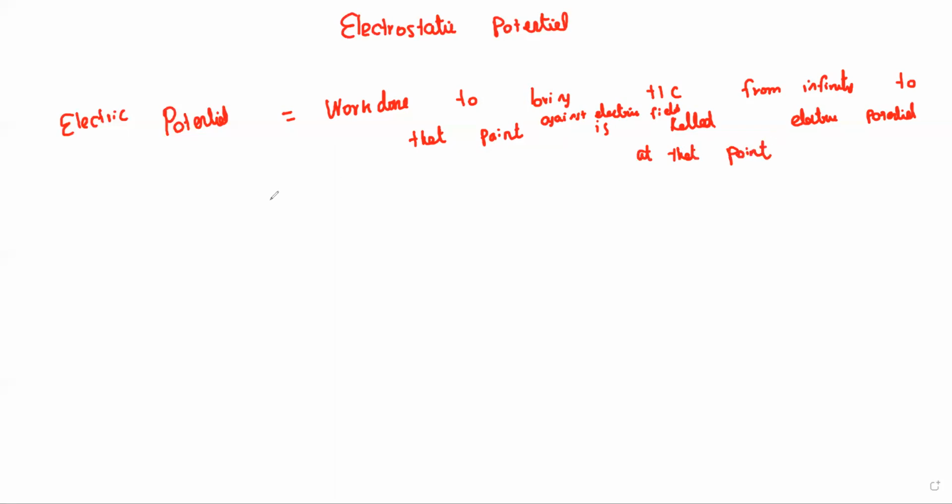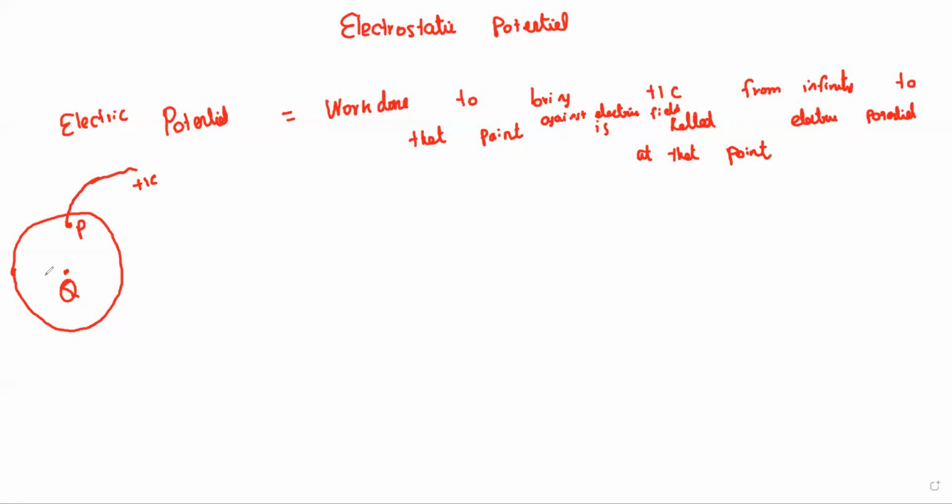So basically, if we have a charge Q, capital Q, surrounding this plus Q we have an electric field. If you want to find an electric potential, let it be at point P. So we need to bring 1 coulomb positive charge from infinity to this point.